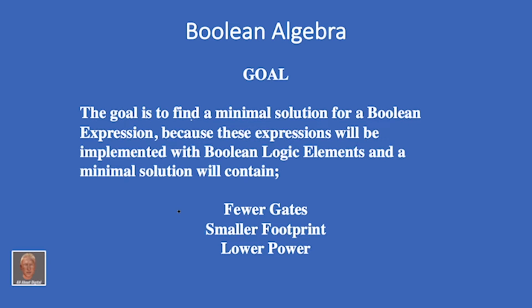If you have fewer gates, when you're implementing a function in either a chip or a discrete breadboard or a discrete printed wiring board, you want to have a smaller footprint. You have a smaller footprint, you're going to have lower power. So if you have fewer gates, smaller footprint, you're going to have lower power, and thus a better design. You can get more gates on a single piece of silicon. We'll discuss that.